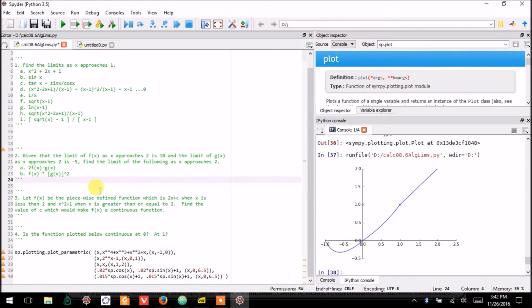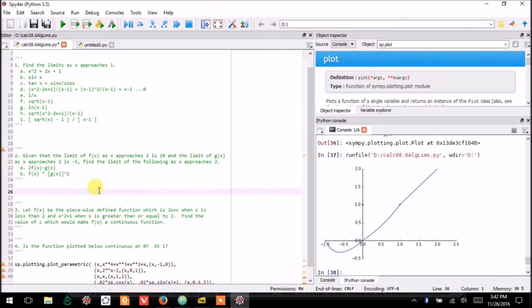In this case, we are given that the limit of f of x as x approaches 2 is 10, and the limit of g is negative 5, and we want to find these two limits. Well, we can distribute the limit, right?